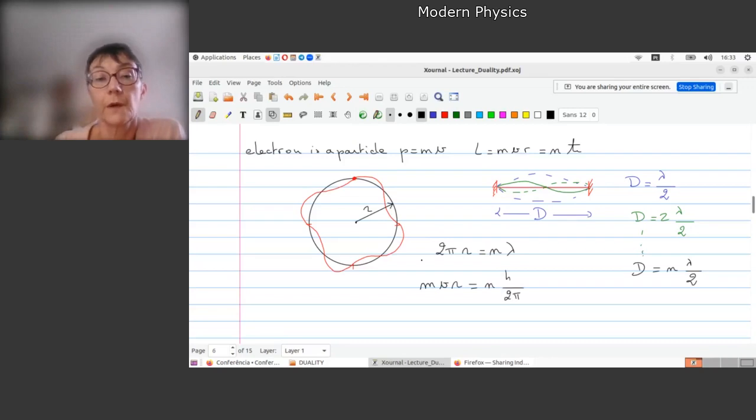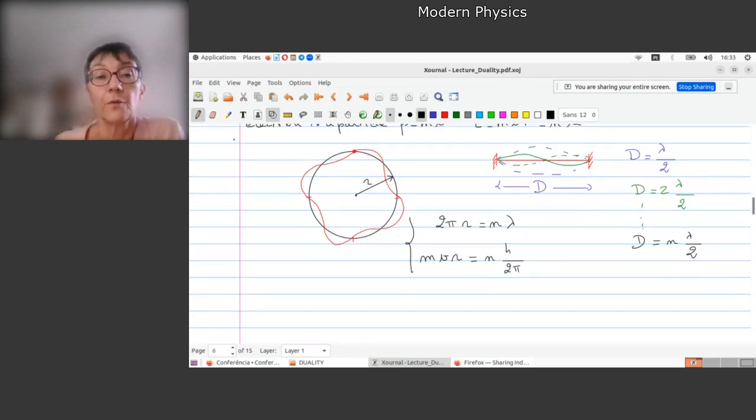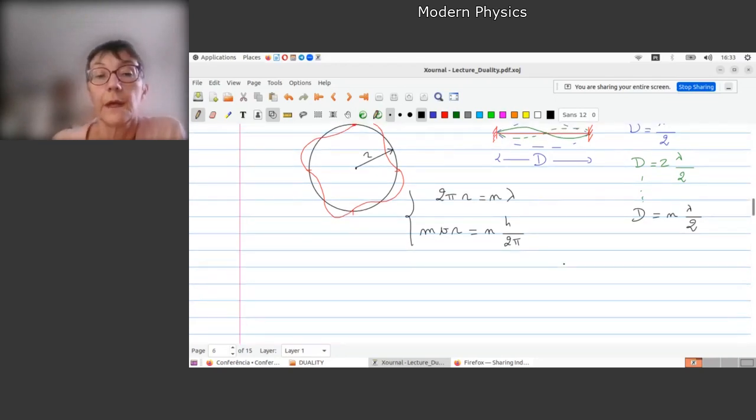2 pi, okay? So these are the modes of the light here, and this is the Bohr quantization of angular momentum. I can write it here, okay?